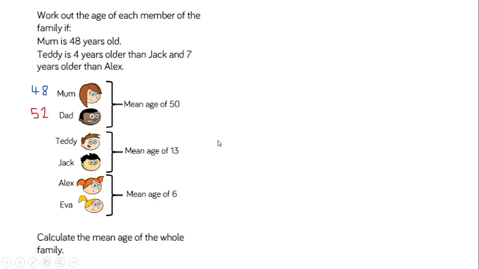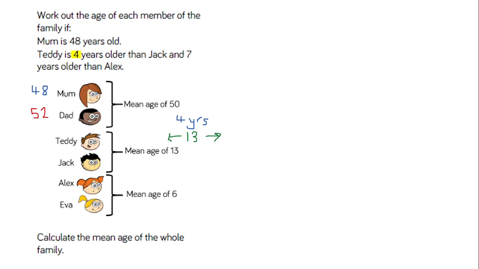Okay, there's probably more than one way to work this next bit out, but this is how I did it. So then we'll look at the next bit of the question. Teddy is 4 years older than Jack. If we look at the Teddy and Jack bit here, they have a mean age of 13. So I'm thinking on a number line, I've got the number 13 as my mean, and one of the boys is 4 years older than the other boy.